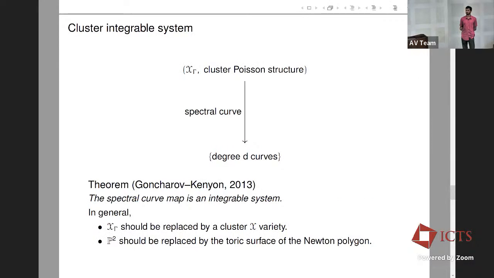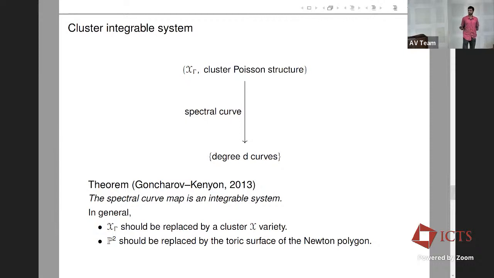Okay, so that's roughly what an integrable system is. So the theorem of Goncharov and Kenyon is that this map, which assigns to the space of edge weights the spectral curve, is an integrable system. So this with its canonical cluster Poisson structure is an integrable system. Only for the torus.